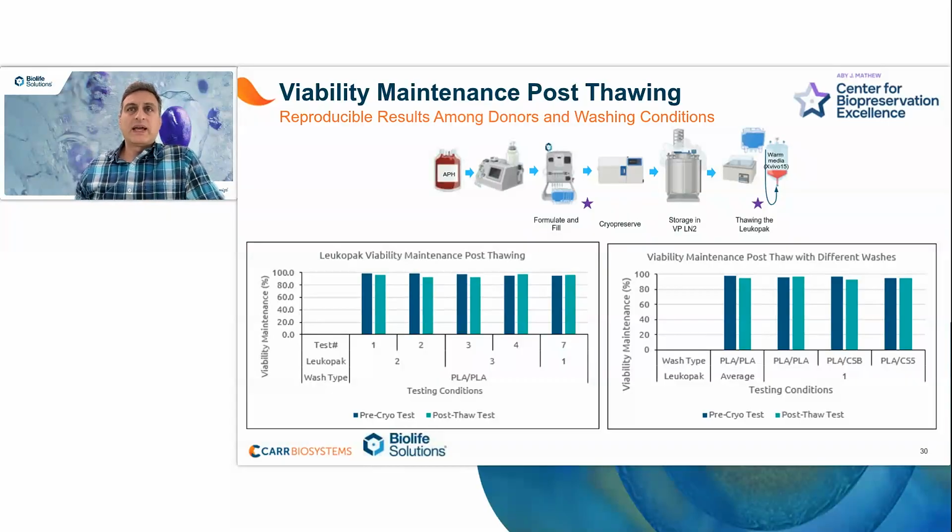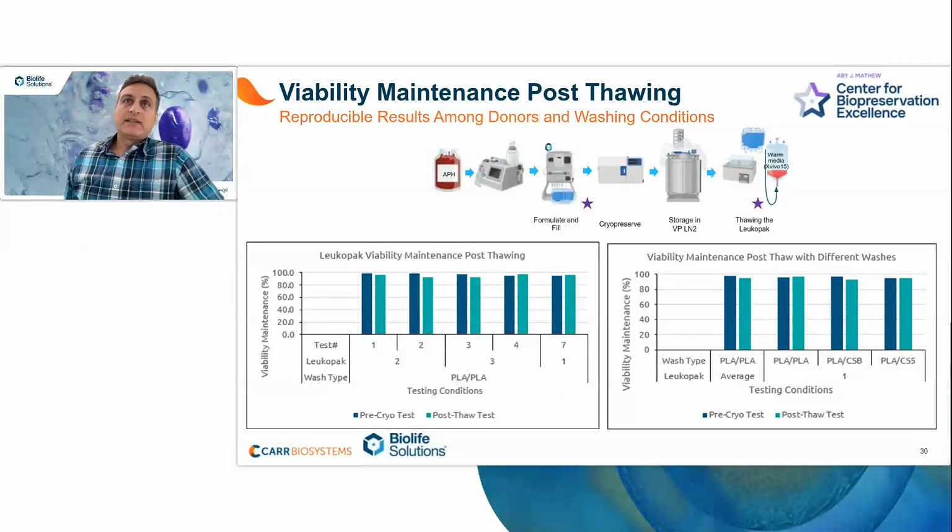We just had some loss of the cells, which, as I mentioned, might have been attributed to a bad thaw and then some clump formation that might have trapped some of the cells, but the cells that were recovered all had high viability. Basically, this is amazing. Looking at these bars, the viability pre and post cryo are identical.